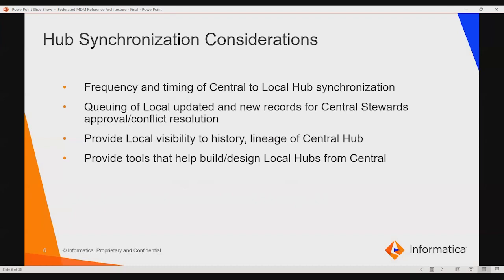Now, you might ask, how do I understand these answers, right? Based on our extensive experience, we always try to figure it out by talking to the business stakeholders, business process managers, across this spectrum of different geographical locations, to come to a valid understanding of what should be the hub synchronization considerations or requirements rather, right?